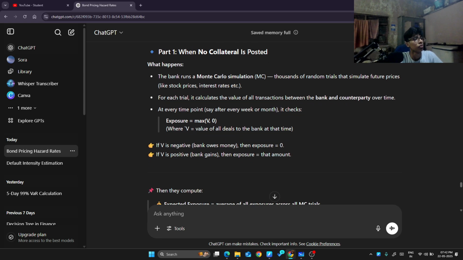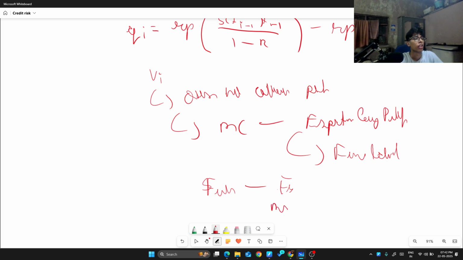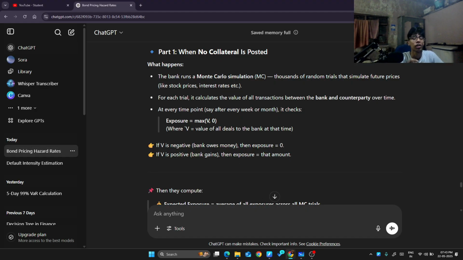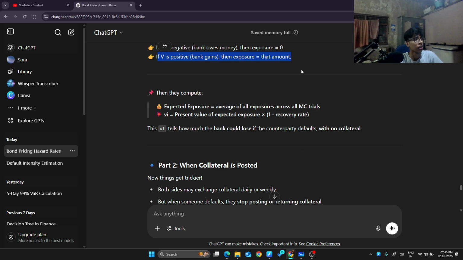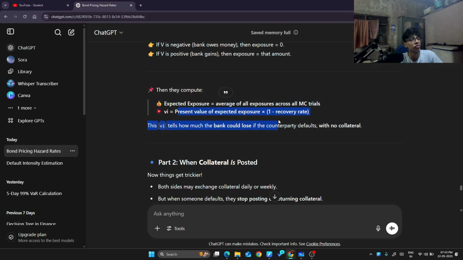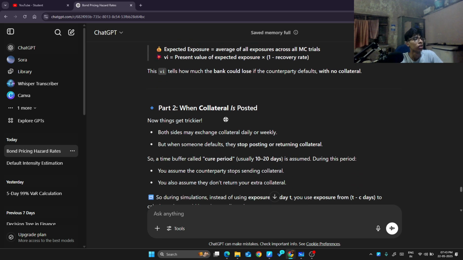First you generate the random paths, and exposure is the maximum of V and 0. If V is negative, then the exposure is 0. If V is positive, then the exposure is the amount, and the expected exposure is the average of all exposures across all MC trials, and then the present value of exposure uses 1 minus recovery rate.